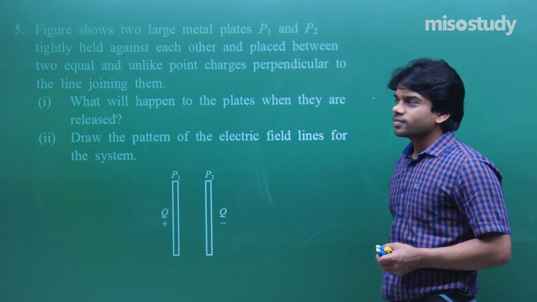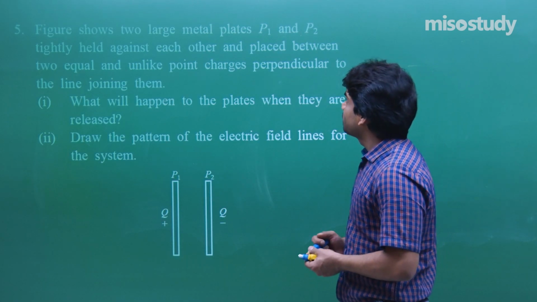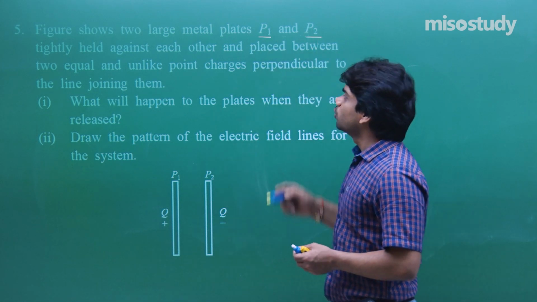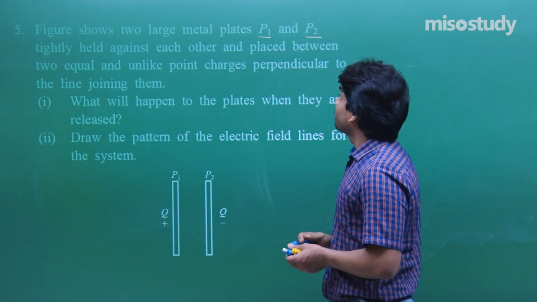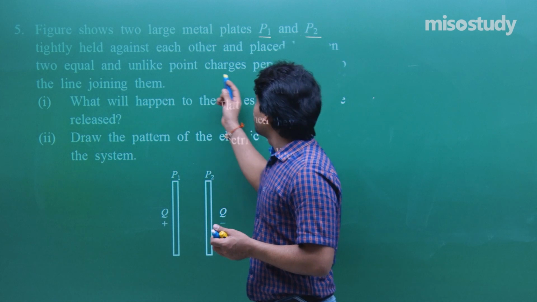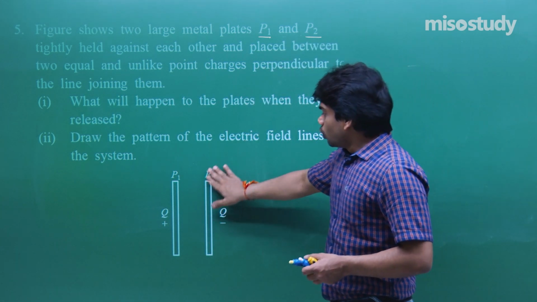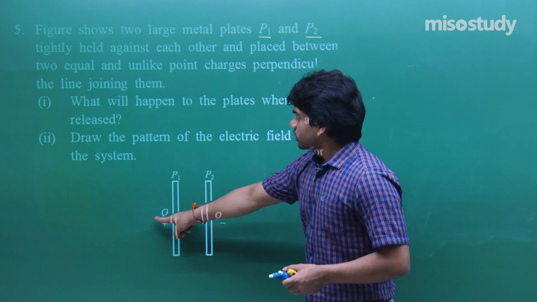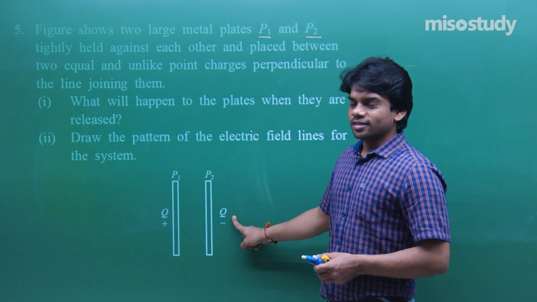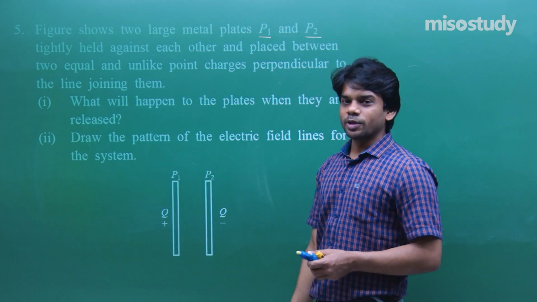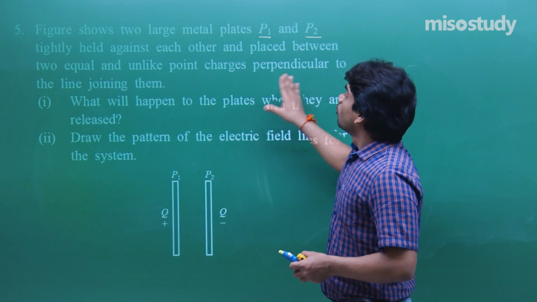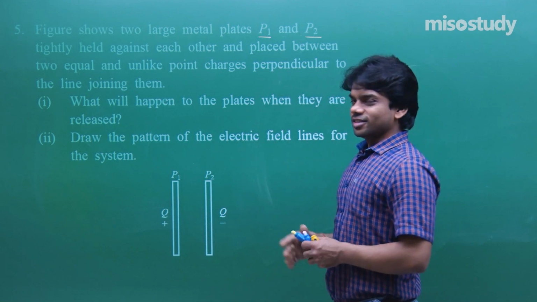Fifth one, figure shows two large metal plates P1 and P2 tightly held against each other and placed between two equal and unlike point charges perpendicular to the line joining them. Two large plates P1 and P2, plus q is held here, minus q is held here, and these two plates are kept in between. What will happen to the plates when they are released?